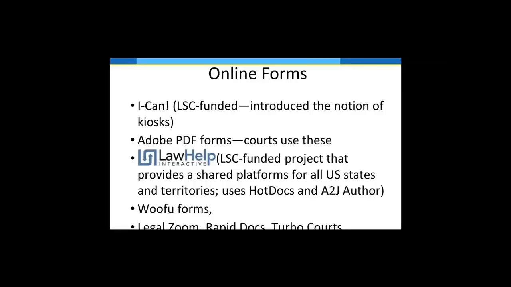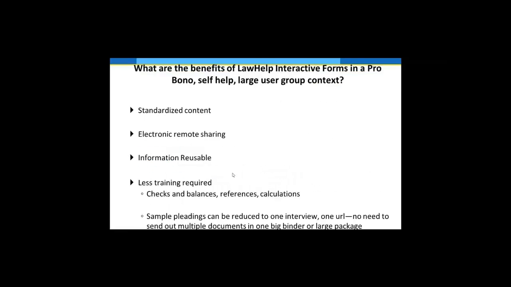There's Wufoo forms, there's LegalZoom, Rapid Courts, Rapid Docs, Turbo Courts on the commercial front end. So there are many different forms. I actually work on the LawHelp Interactive initiative that targets the self-represented, pro bono and legal aid use of online forms for low income, so I'm going to focus on that quickly.